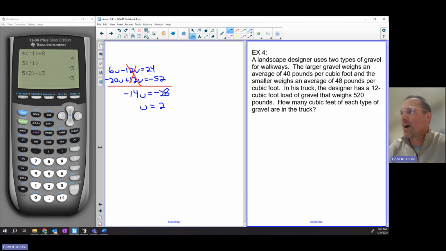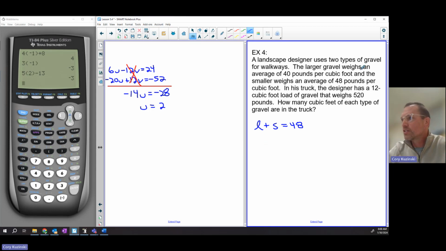All right, so here we go. Let's write our linear system here. How about 48 pounds? Okay, 12 cubic feet. So we got the large and the small together, which is 48 cubic feet. And then we've got the weight.